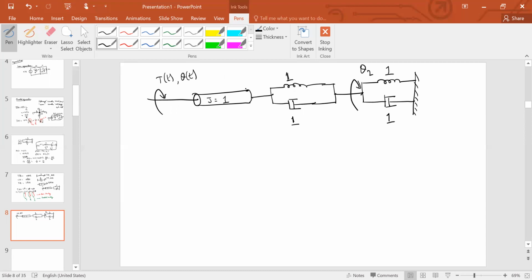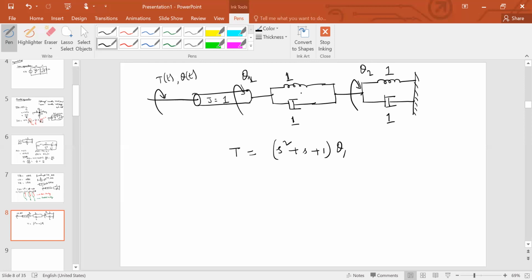So if you're drawing the free body diagram for this moment of inertia block, what you might write is T is equal to S squared, which corresponds to this, plus S plus 1, where this S is coming due to this, times theta 1.